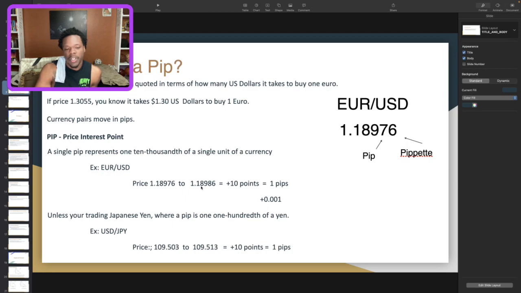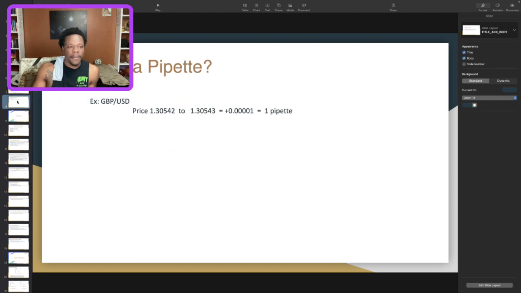It's the same thing with the Japanese yen, except that instead of 1/10,000th of a single unit of currency, it's 1/100th of a single unit of the yen. Next, we also have pipettes. A pipette is essentially a tenth of a pip.